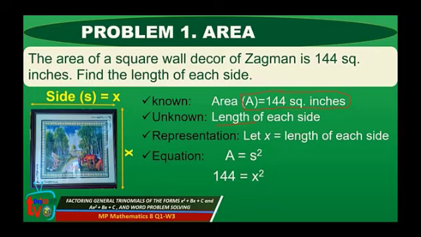Since it was mentioned that the figure is a square and the area is given as 144 square inch, we use the formula A is equal to S squared. We substitute the given area, which is 144. Therefore, the new equation will be 144 is equal to x squared.